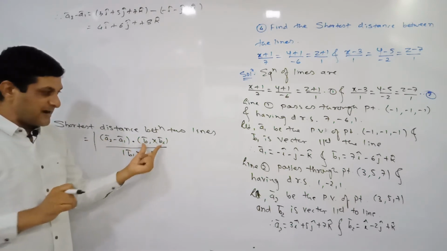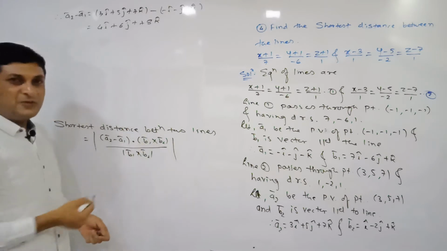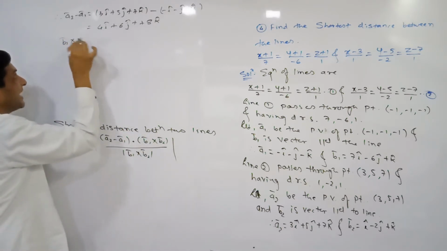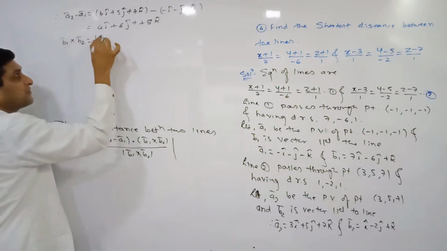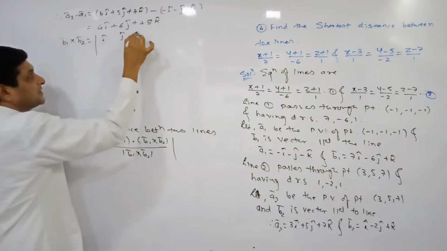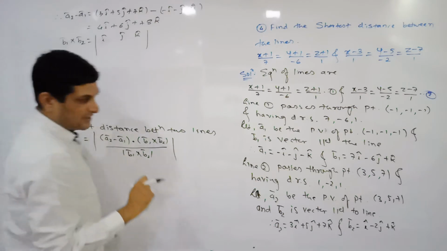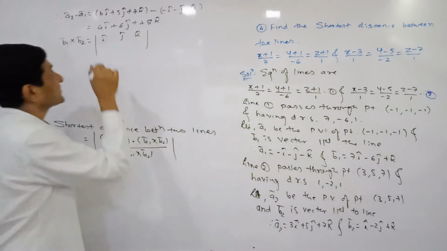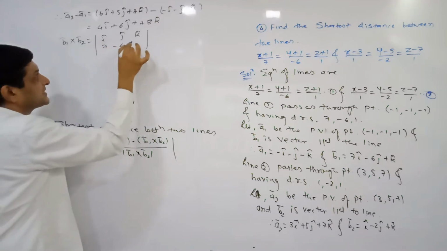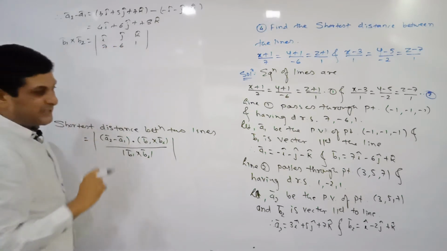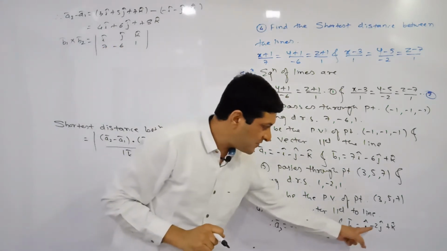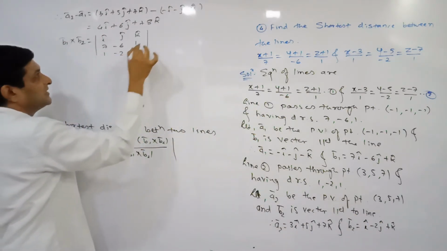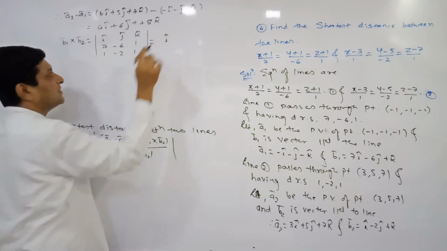Now the value of A2 bar minus A1 bar is known to us. Which is the second required value here? Cross product of B1 bar and B2 bar. So B1 bar cross B2 bar is equal to, let us try to find the value of this cross product. Now substitute the value of B1 bar. What are the coefficients in B1 bar? 7, minus 6, 1. So here we'll get 7, minus 6, 1, and in B2 bar these coefficients are 1, minus 2, 1. First we are trying to find the coefficient of i cap.